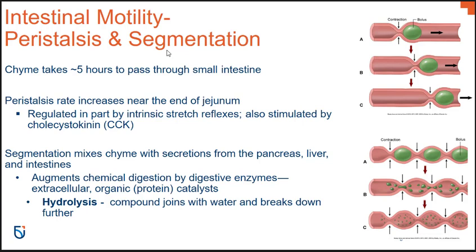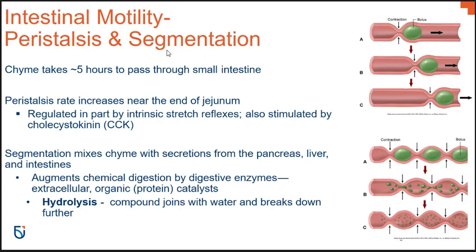After leaving the stomach, chyme takes about 5 hours to pass all the way through the small intestine. Peristalsis rate increases until near the end of the jejunum. So the order of the small intestine from the start to the end is the duodenum, jejunum, and ileum, or DJI.